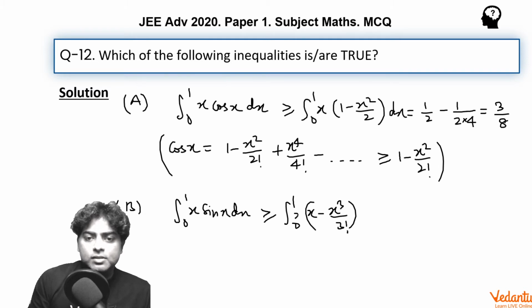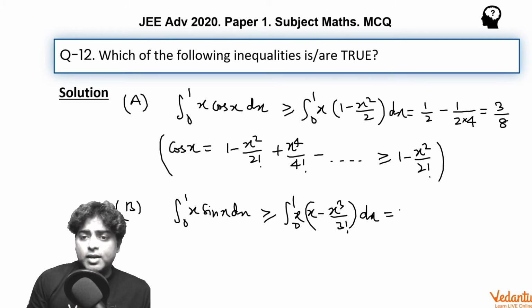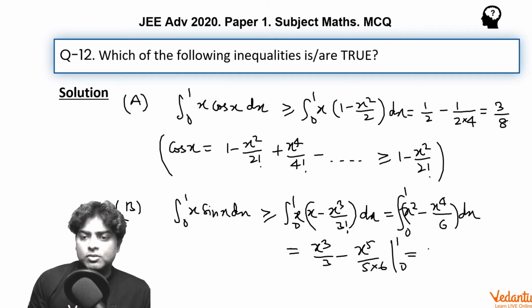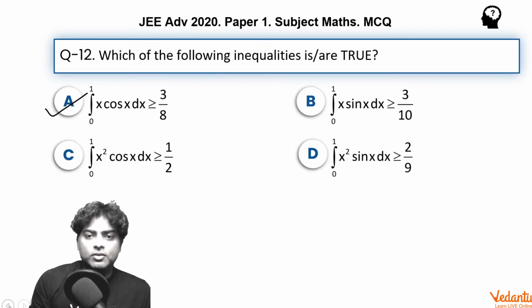There is one more x as well, so I can write in a similar manner: integral 0 to 1 of x square minus x raised to power 4 by 6 dx, which equals x cube by 3 minus x raised to power 5 by 5 into 6. Apply the limits, you'll get 1 by 3 minus 1 by 30, that is 9 by 30, that is 3 by 10. So it is greater than or equal to 3 by 10.